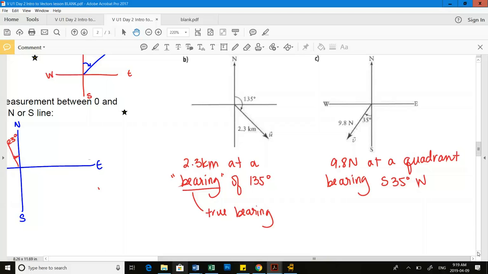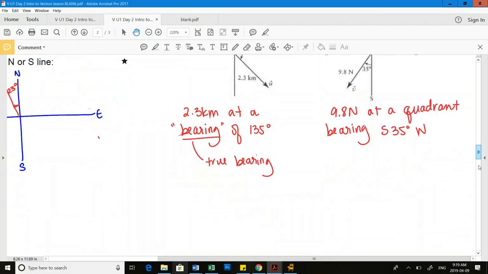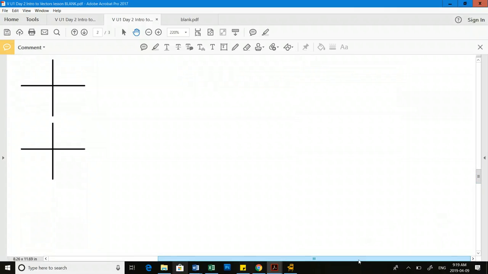Okay, from the horizontal, we're measuring counterclockwise. So for part A, we're measuring from the horizontal, and then we always go counterclockwise from that one. Okay? Okay. So those are our 3 notations for direction.